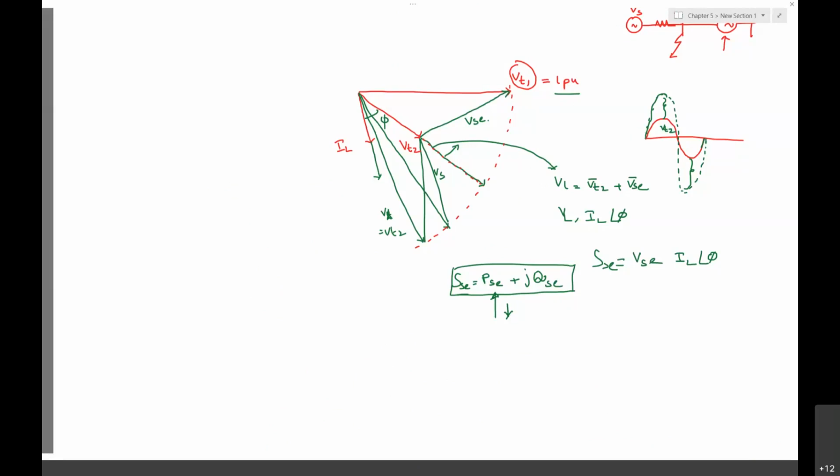In that case, if you minimize the real power, the voltage support will be there for a longer duration. That's what they have attempted.